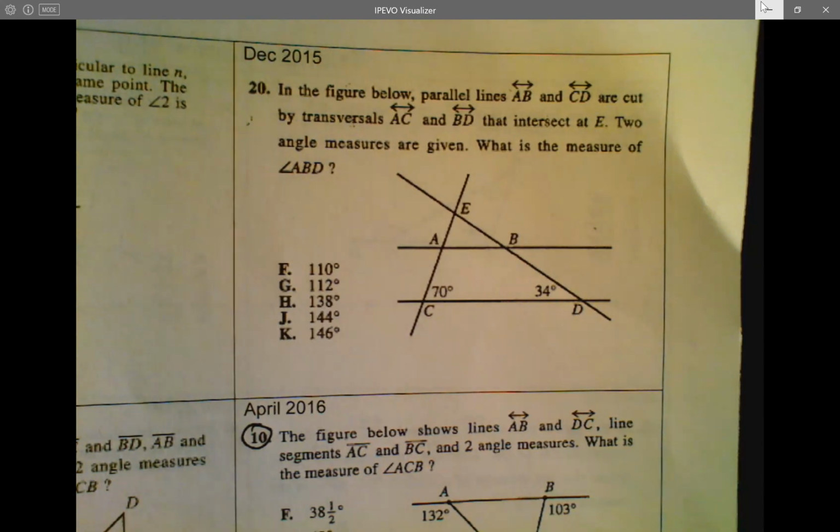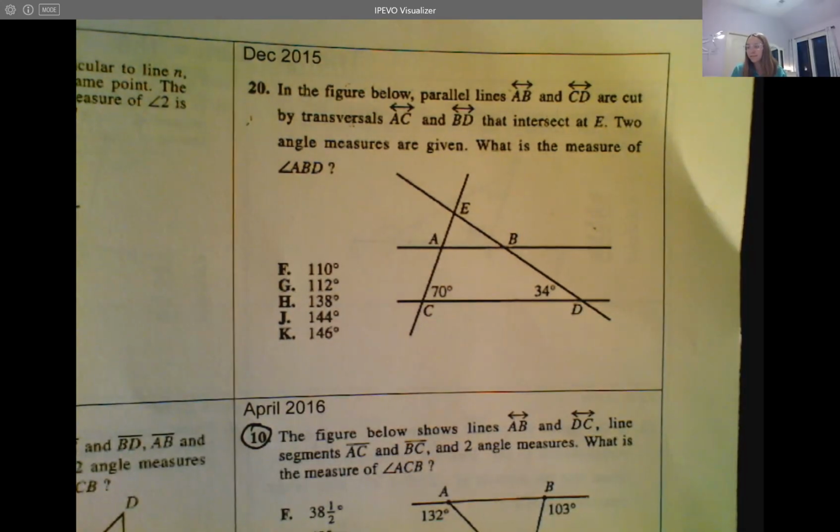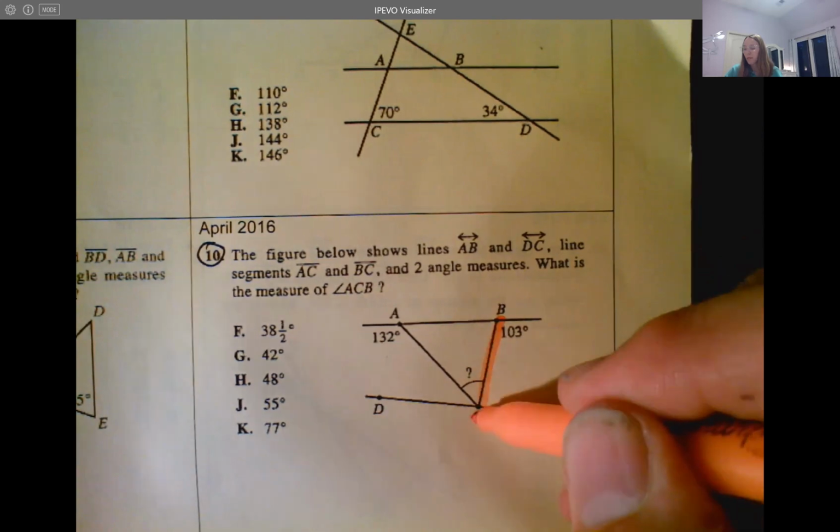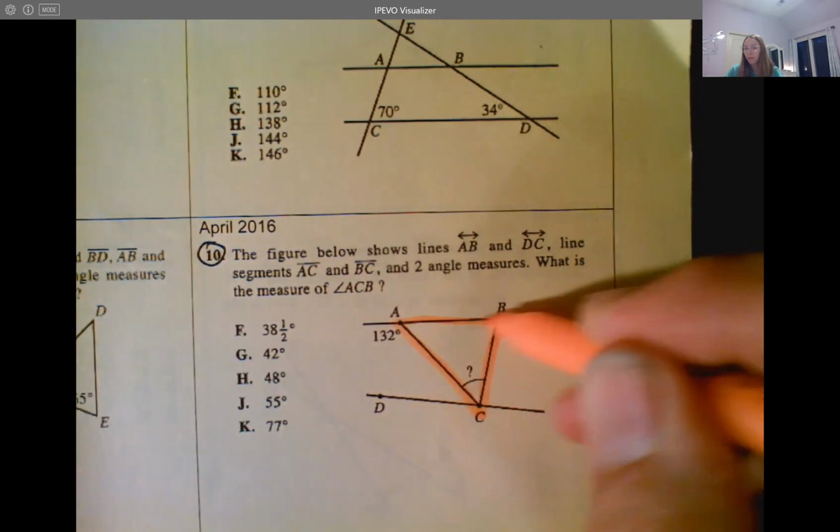Okay, about 20 more seconds here. Okay, so this one's kind of weird, because you have to find this angle here. But the key to this number 10 is I happen to see a triangle here.